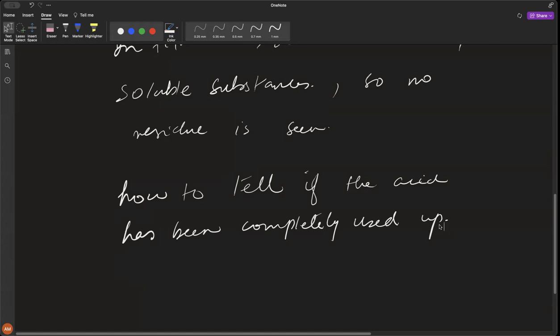We'll have a salt which has acid with it as well. Do you understand? So we have to make sure that all of the acid is completely used up first of all. So how are we going to do that in titration?